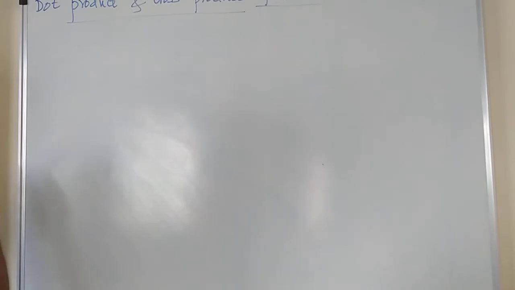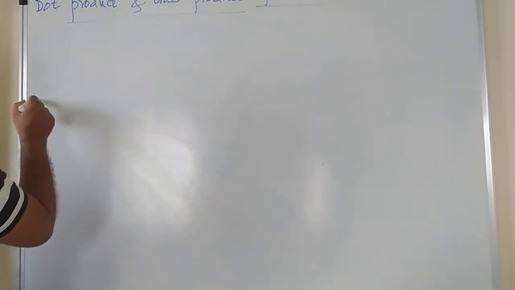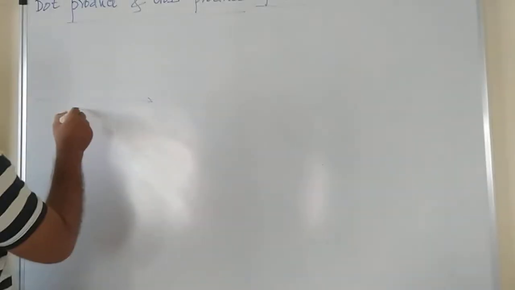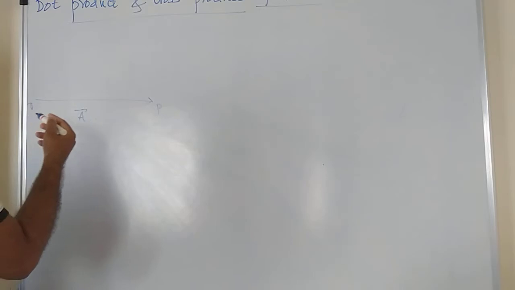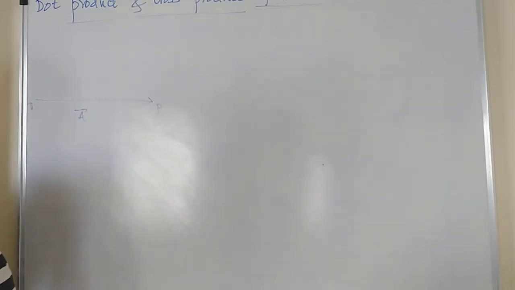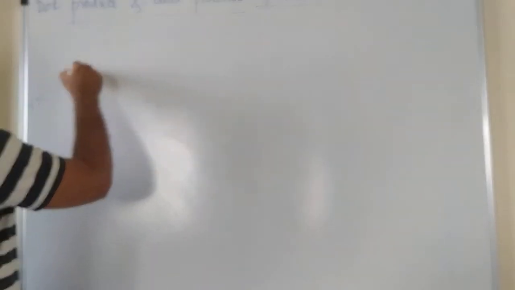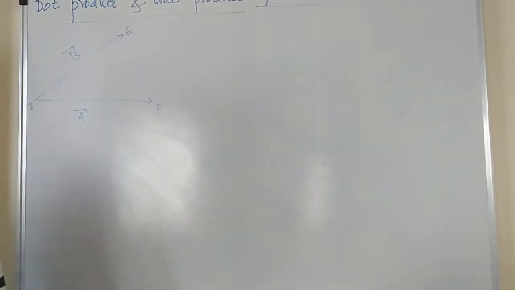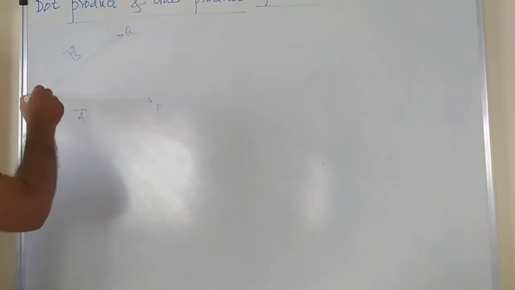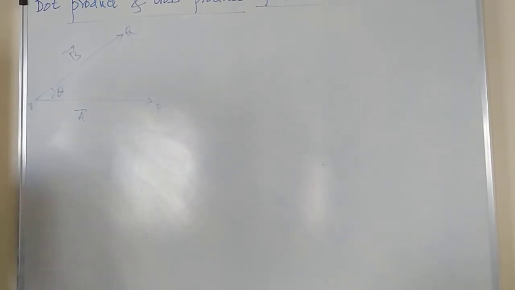Let us consider one vector, say A bar, with position vector OP. So OP bar is one vector which is represented as A bar, and another vector B bar has position vector OQ bar, and theta is the angle between them.